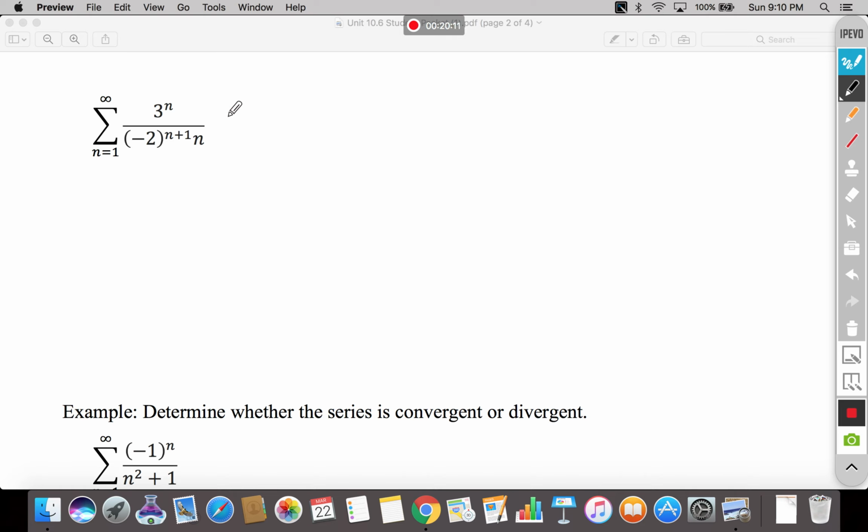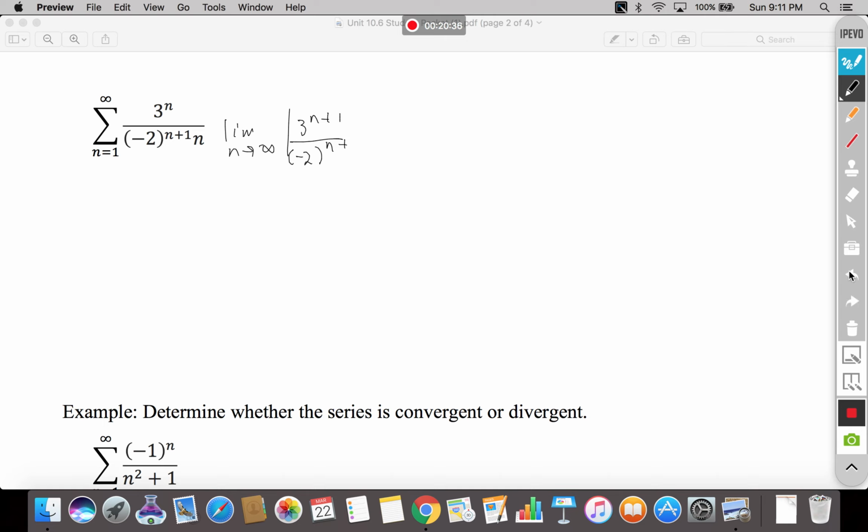This is going to be the limit as n approaches infinity of the absolute value of, let's see, we need 3 to the n plus 1 over, it's going to be a little strange, negative 2 to the n plus 1 plus 1. So I'm going to simplify that in my head. This is going to be negative 2 to the n plus 1 plus 1.